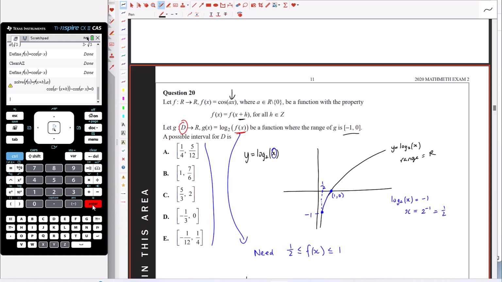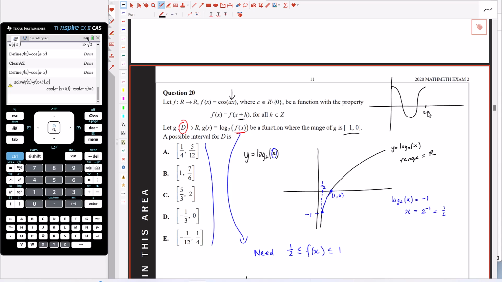No, I think we need to think logically about that. Like we said, there's our cos graph.